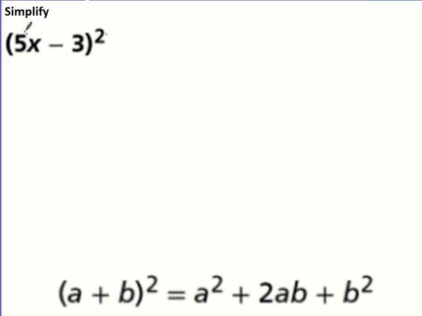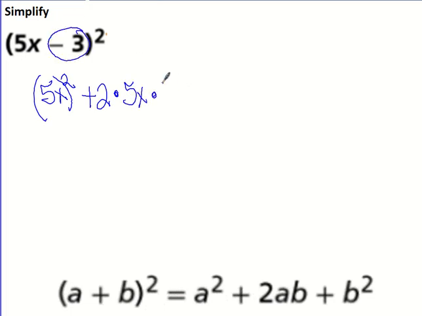So here's what it looks like. 5x, I'm just going to go (5x)². Right, I'm going to square that. I'm going to go plus 2 times the first one times the second one. It is negative. And then I'm going to go plus negative 3 squared. So that's what I did down here.